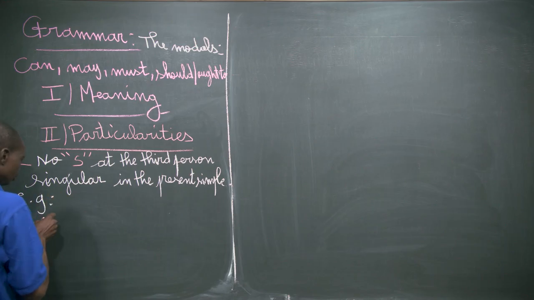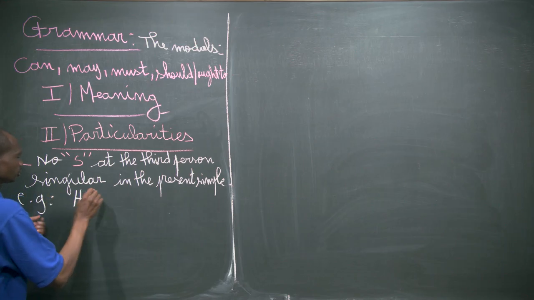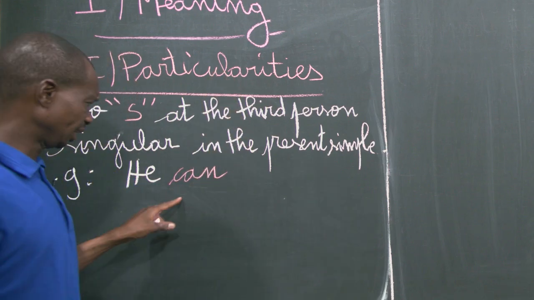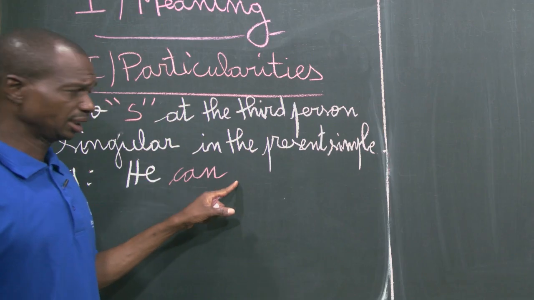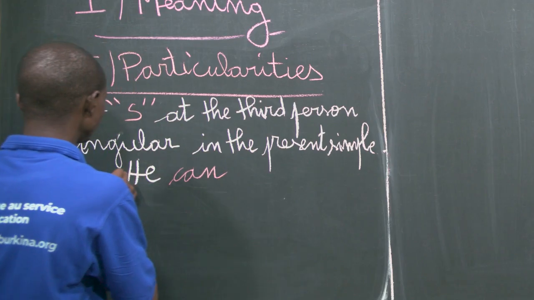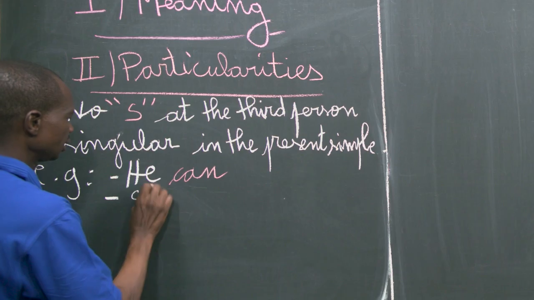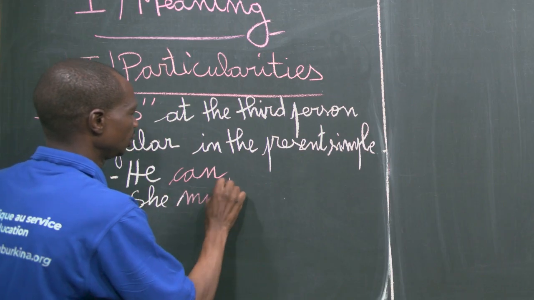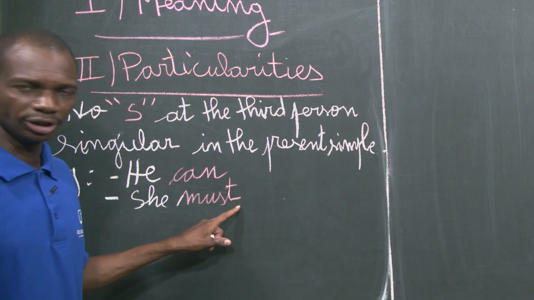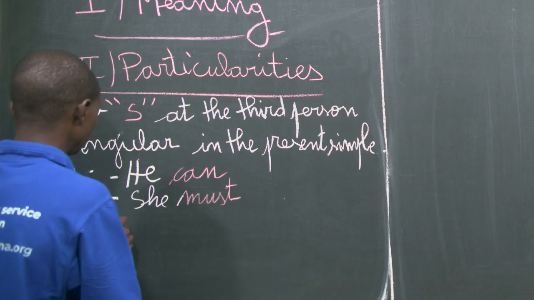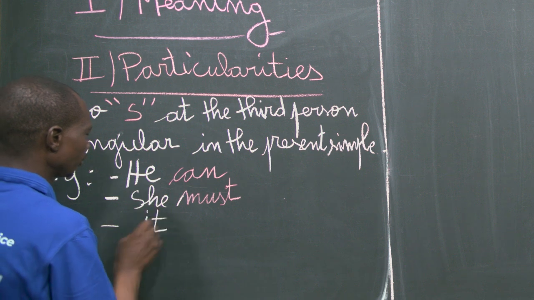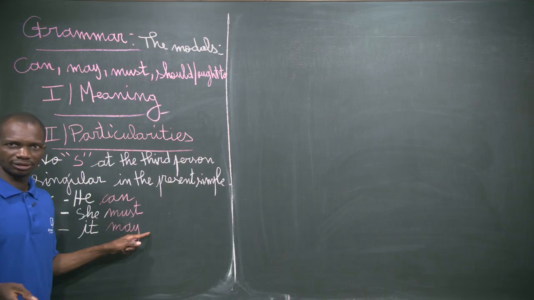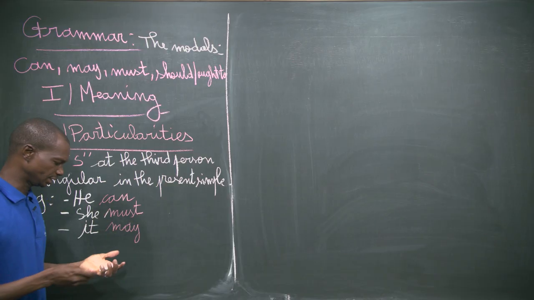Example: he can. We must not say he cans with S. Another example: she must. No S here. Another example: it may. No S here. This is the first particularity.